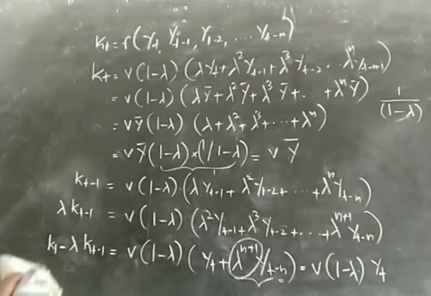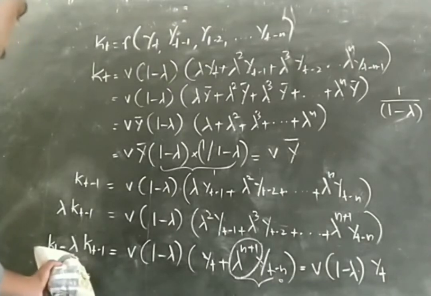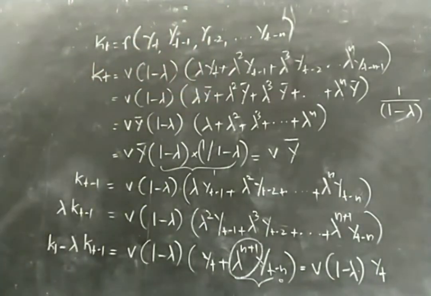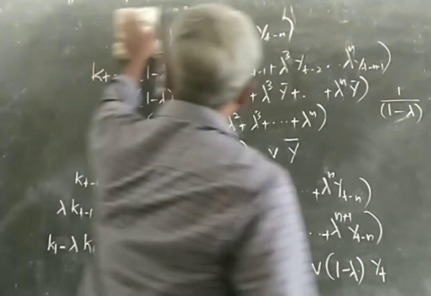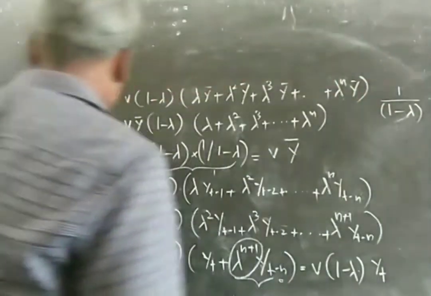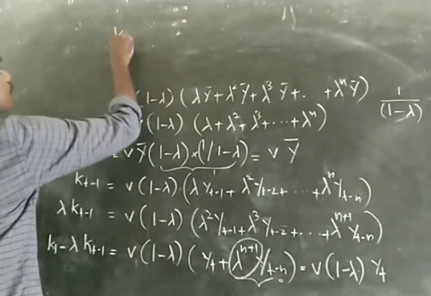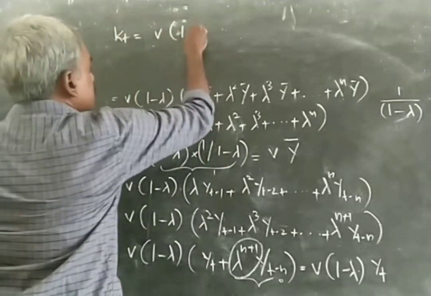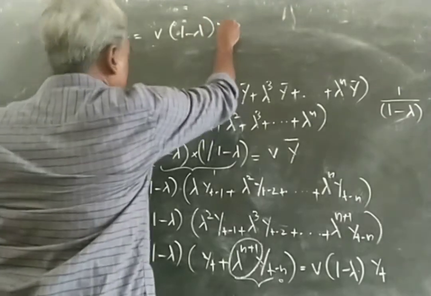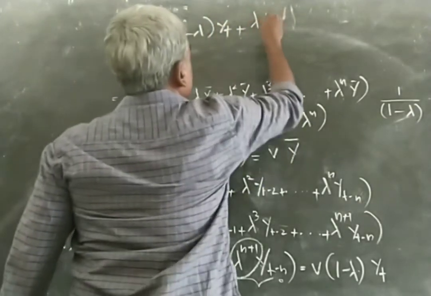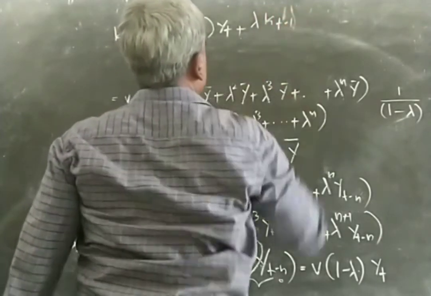Now if we bring the lambda Kt minus 1 to the right side, then this equation becomes Kt is equal to nu into 1 minus lambda into Yt plus lambda Kt minus 1.